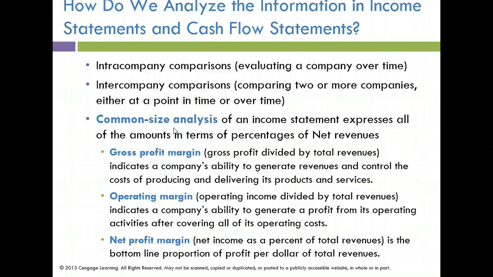Gross profit only deals with cost of goods sold. Operating margin deals with all those other expenses related to the activity. Then we've got something called net profit margin. Net income as a percentage of total revenues. It's basically the profit per dollar of total revenues.